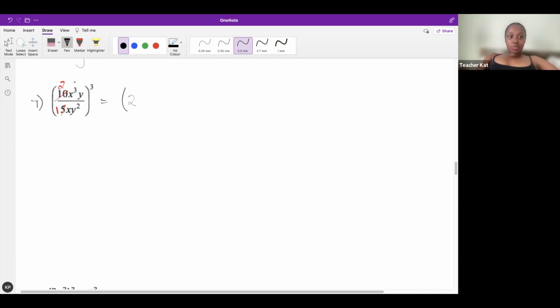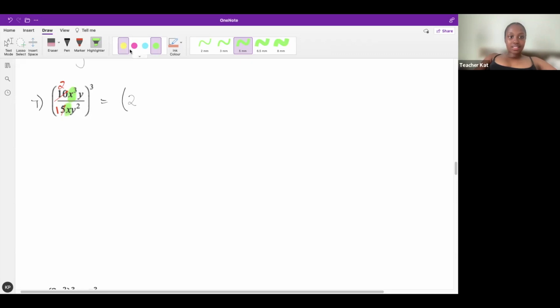Now let's look at my exponents. Can I not do anything with my variables? How many different bases do we have inside the brackets? Great, we have 2.